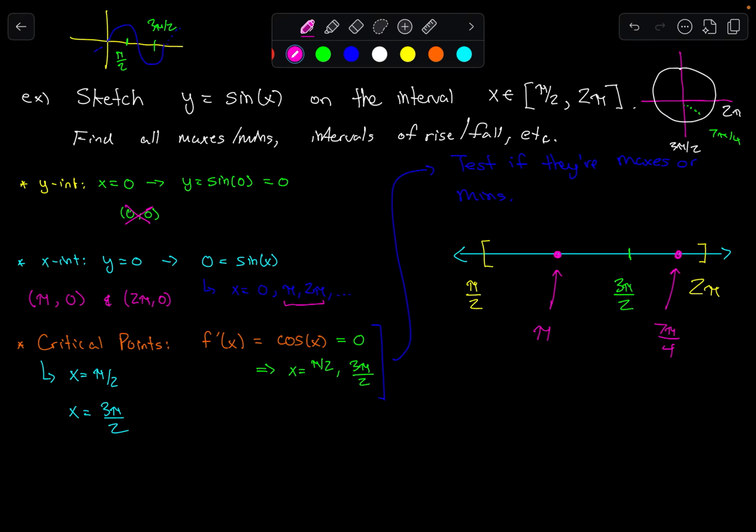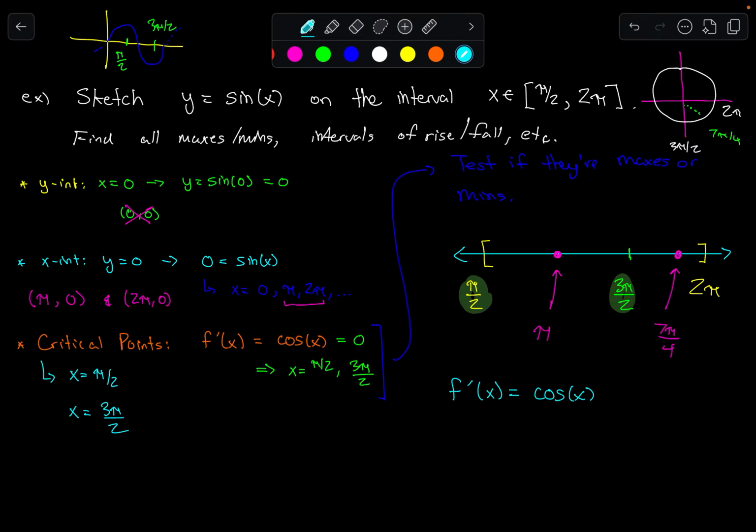And remember that our goal is to simply test to see what's going on with the slope around these critical points. So around this particular point here and this particular point here, we want to know what's going on with the slope. So we're going to bust out f prime. Remember that f prime of x was equal to cosine of x.